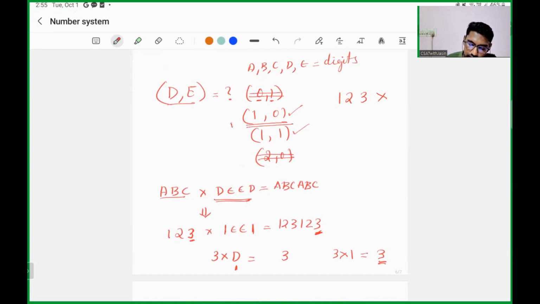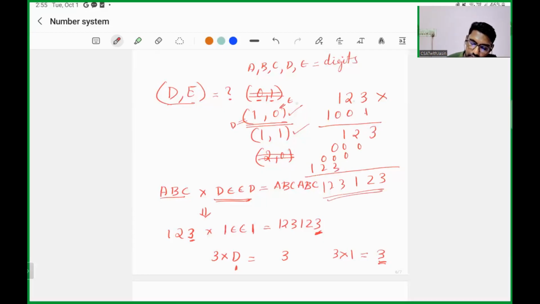Here D is 1 and E will be 0, so I am taking 1001. It will become 123 0 0 123, so the answer will be 123123. So 10 will be the correct answer.